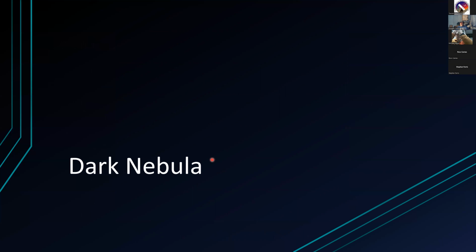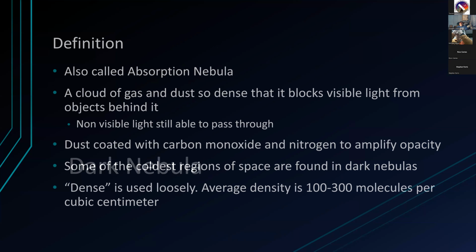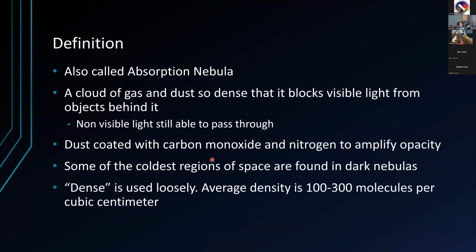So from there, we're moving on to dark nebulas. We've hit on them a couple of times already. These have an alternative name: they're often referred to as absorption nebulas, which gives you a hint about the main characteristic of these nebulas.